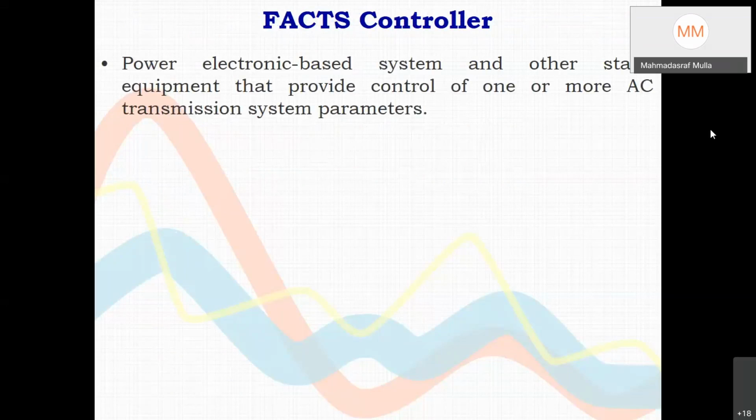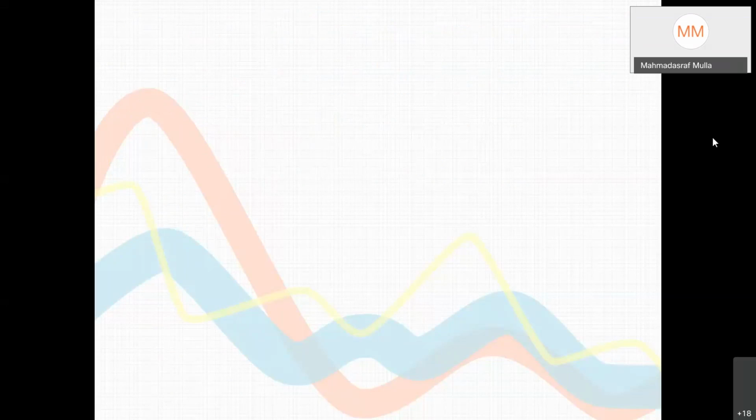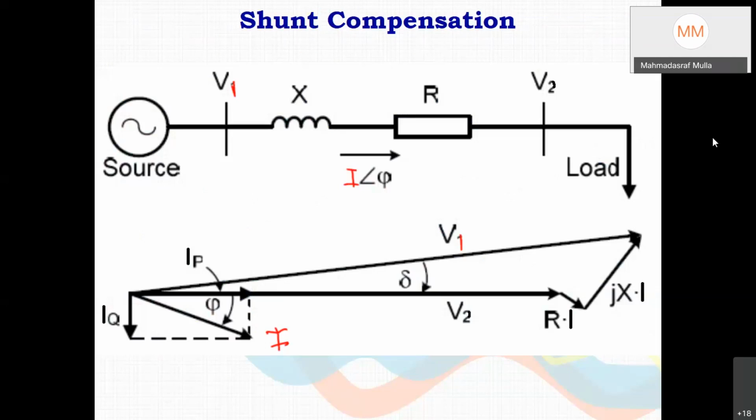So FACTS controllers are power electronics based systems and some other static equipment that provide control of system parameters. We can have shunt, series and combinations of these. So how to understand what we can do in shunt compensation.